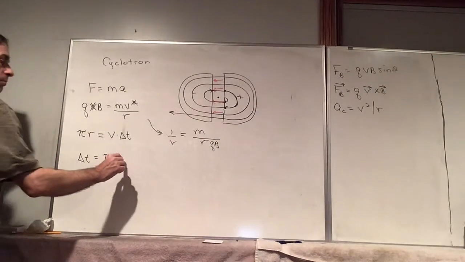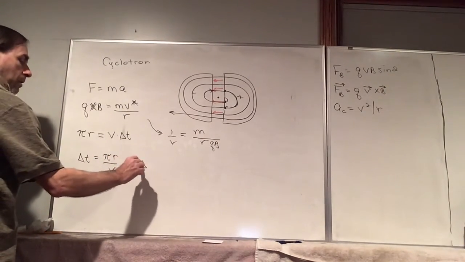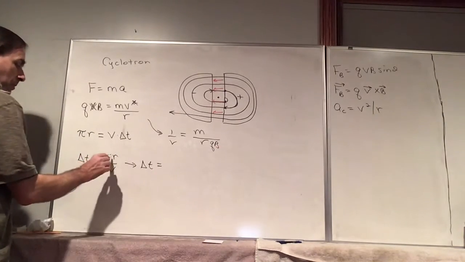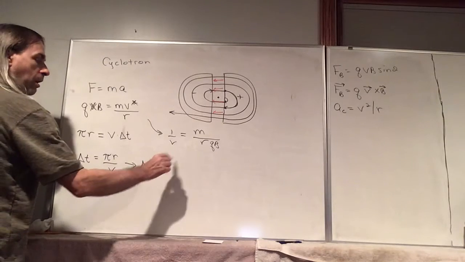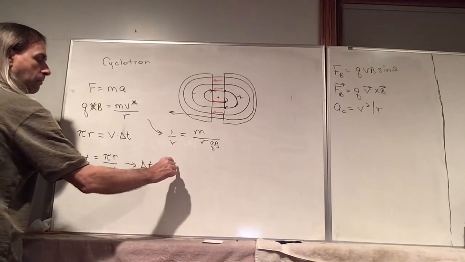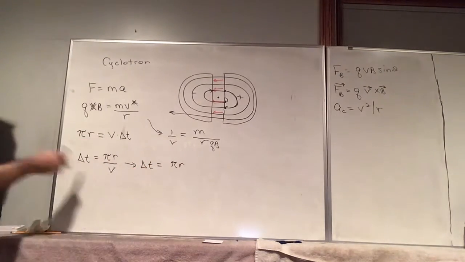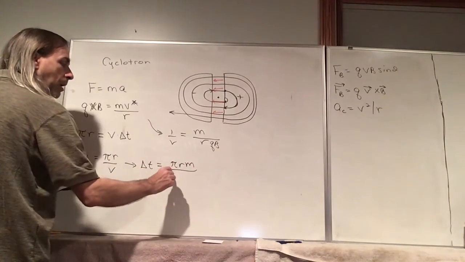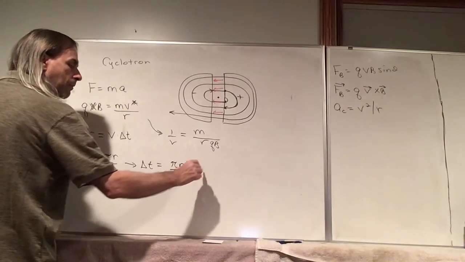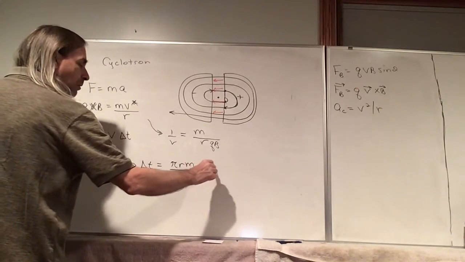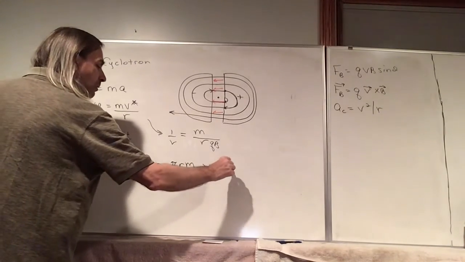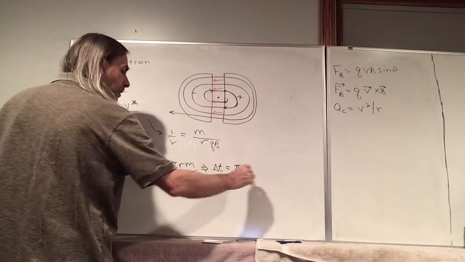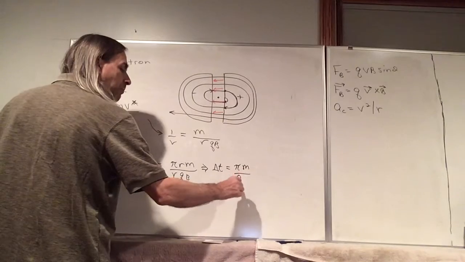And so if we just plug that in, delta t is pi r times 1 over v. So we have m divided by r qB, or delta t is equal to pi m divided by qB.